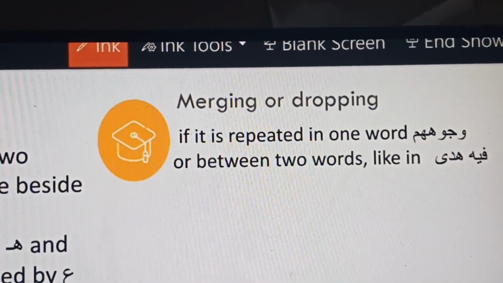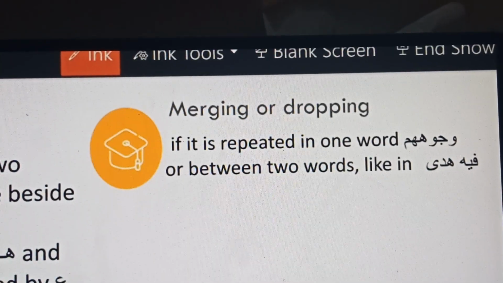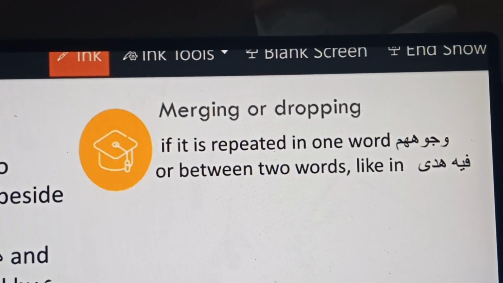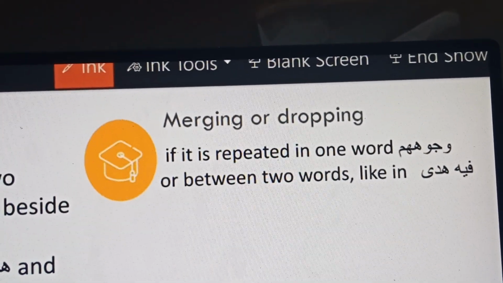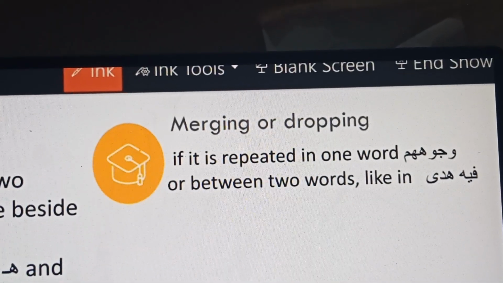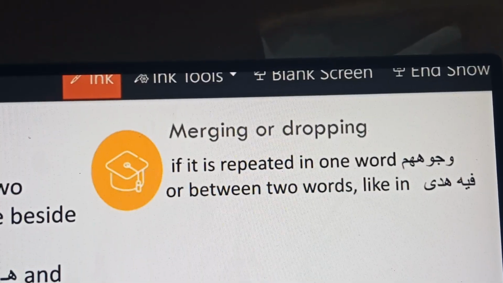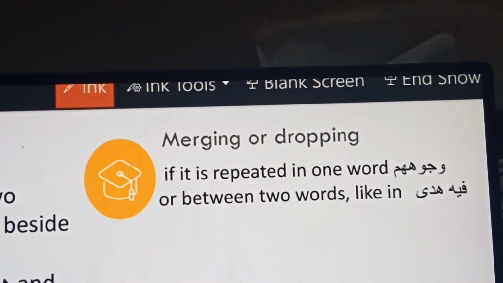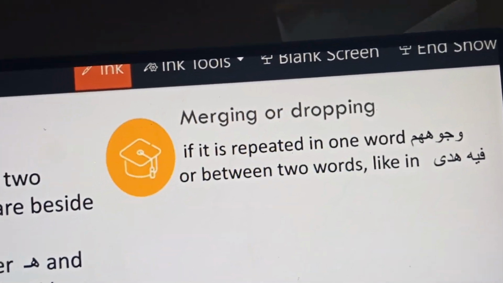This is a mistake, where the first ha and the second ha are pronounced like that. They are not clear, and we have to listen to the reciter. We have to be able to recognize each single letter, inshallah.